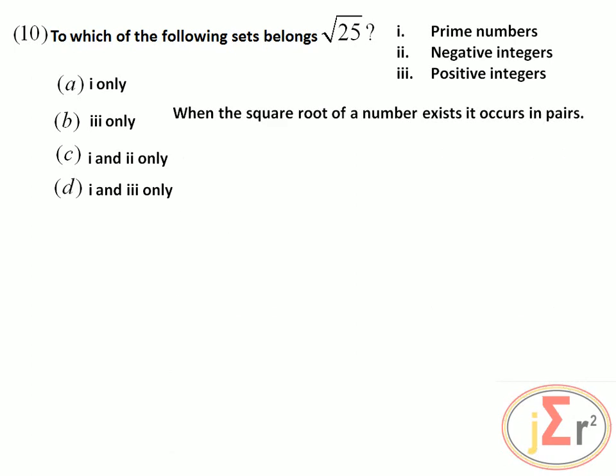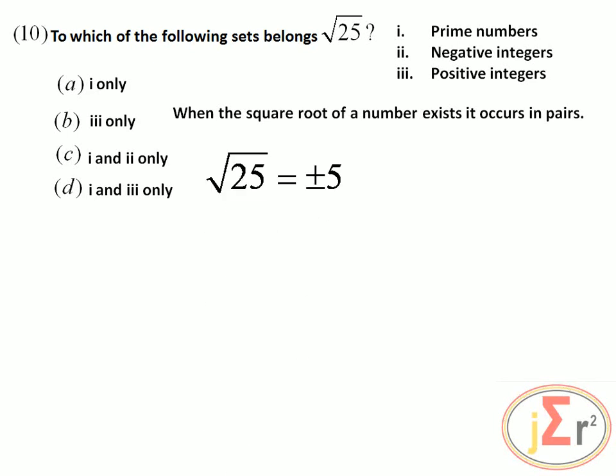When the square root of a number exists, it occurs in pairs. So the square root of 25 has a pair of answers if it exists. Of course, the square root of 25 exists.